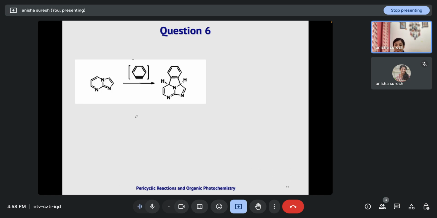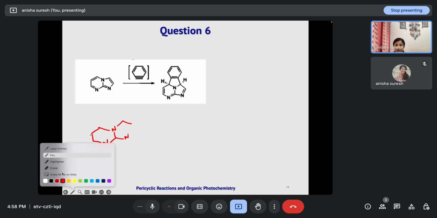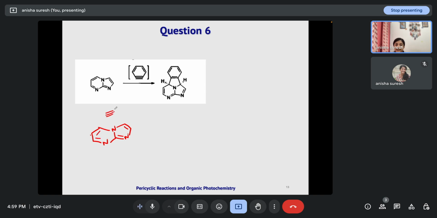So let us see how the reaction is taking place. This benzene is the 2 pi component here.